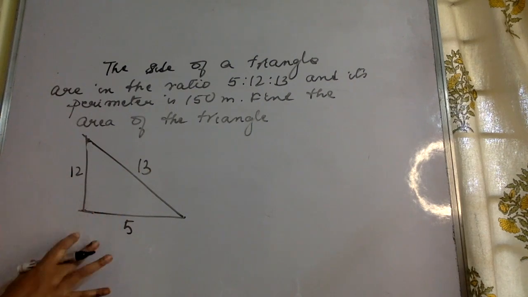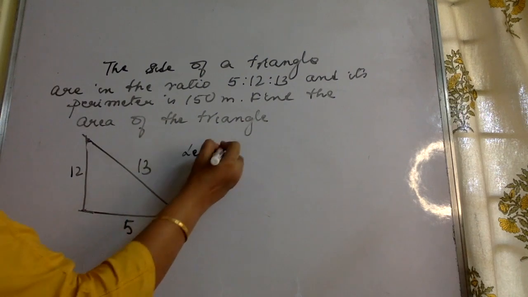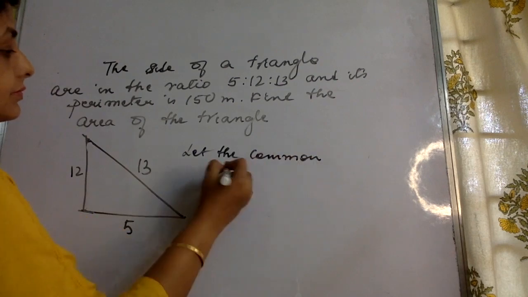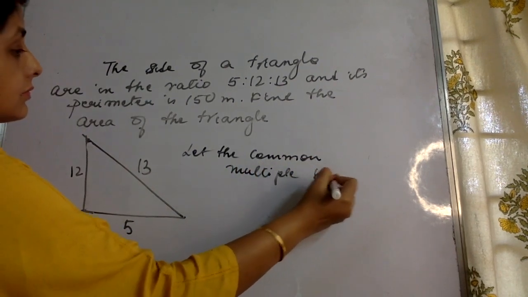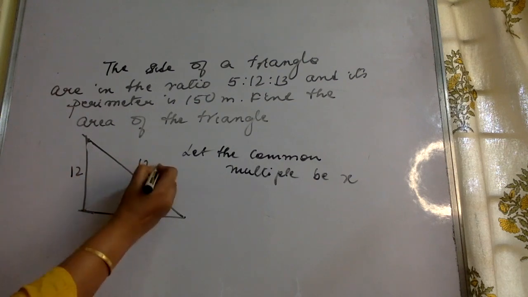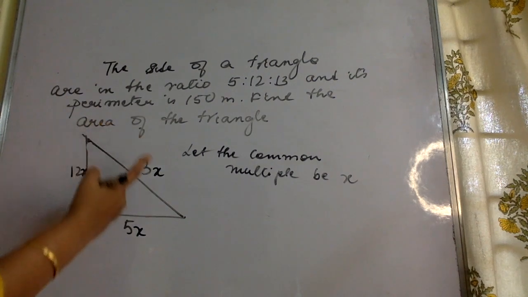So what I do is, let the common multiple be x. Only then, when I multiply with the common multiple, am I getting the lengths.